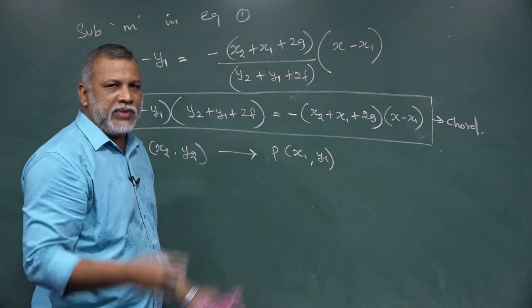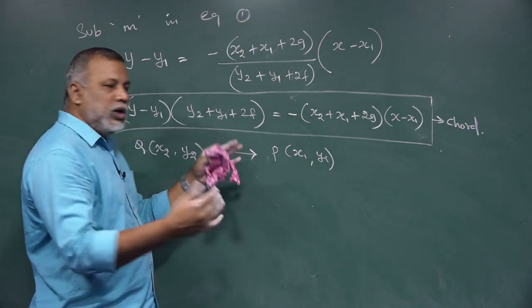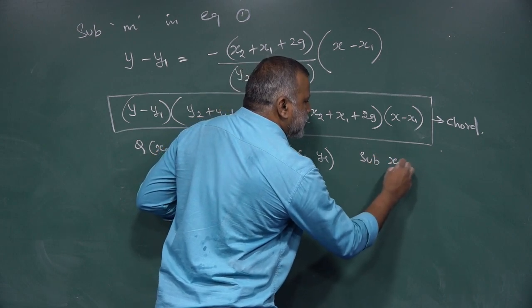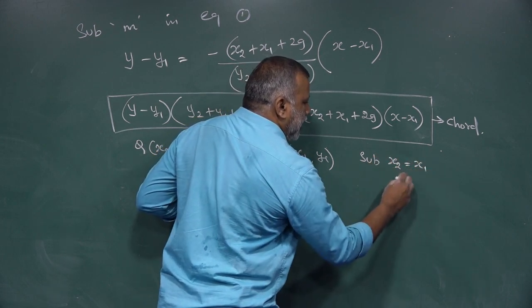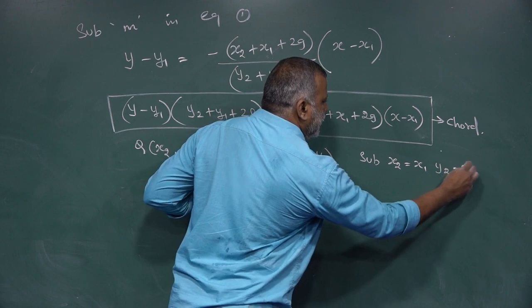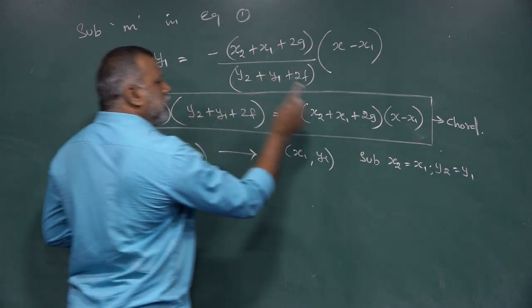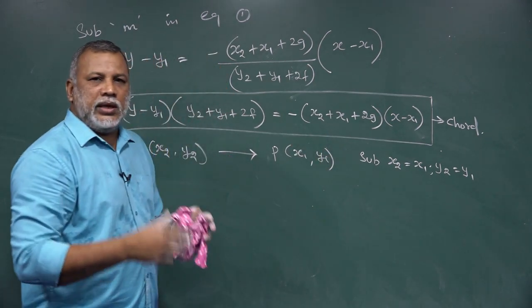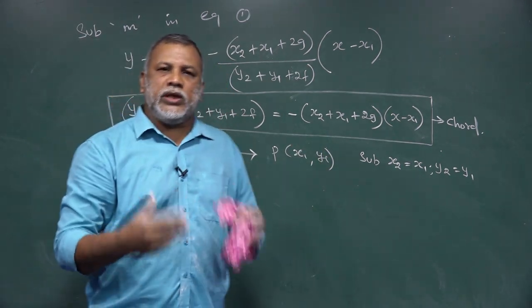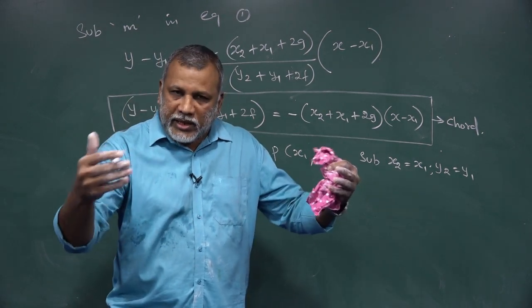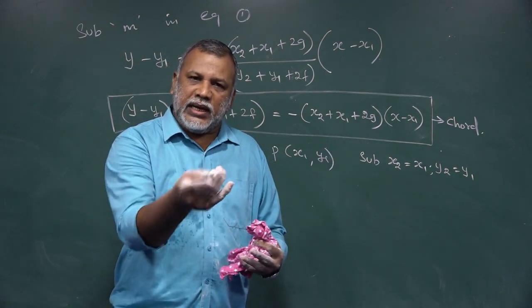Initially, Q and P are two different points. Finally they coincide. Therefore, substitute x2 equal to x1 and y2 equal to y1. If x2 and x1, y2 and y1 are different, then it is called a chord. When they coincide, the chord becomes a tangent.